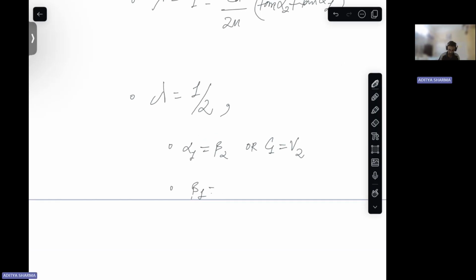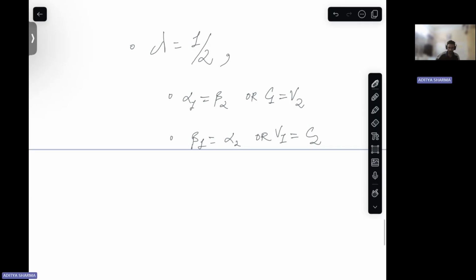This has been worked out in the lecture, so I'll place the link in the description and from there you can see. So if your degree of reaction is half, your fluid angle at the inlet will be equal to your blade angle at the outlet. And then your blade angle at the inlet will be equal to your fluid angle at the exit.